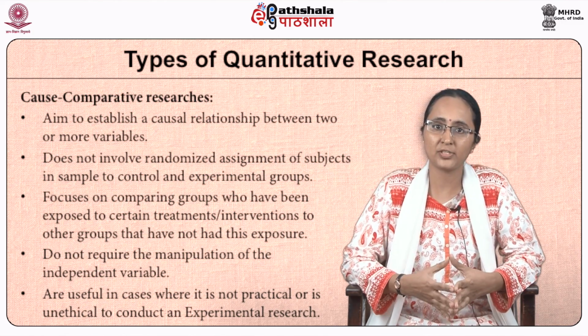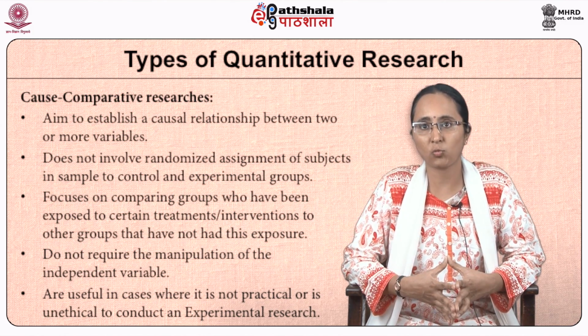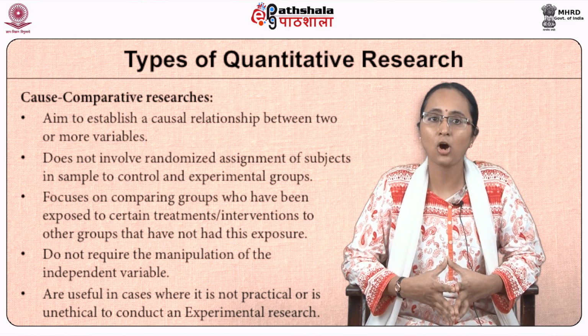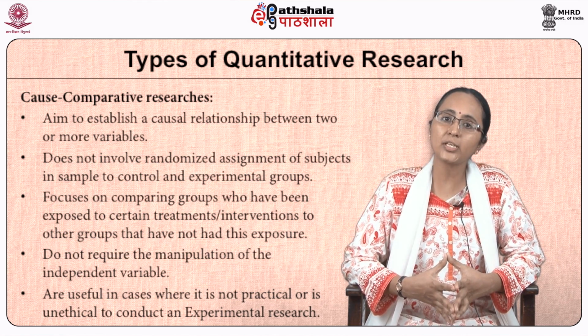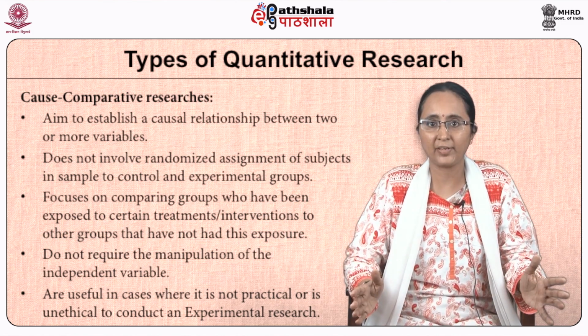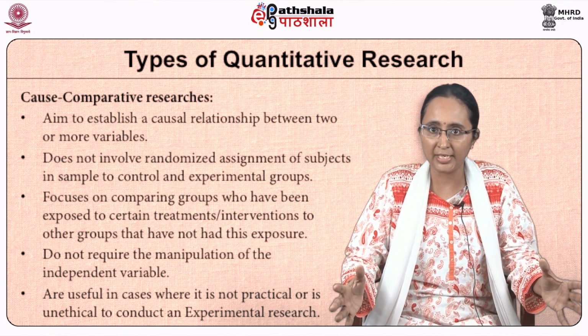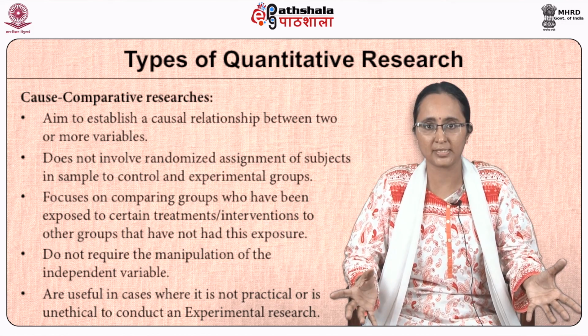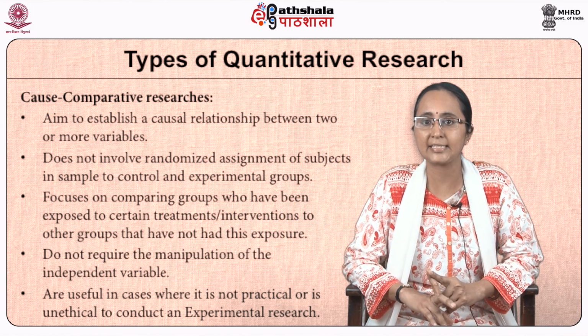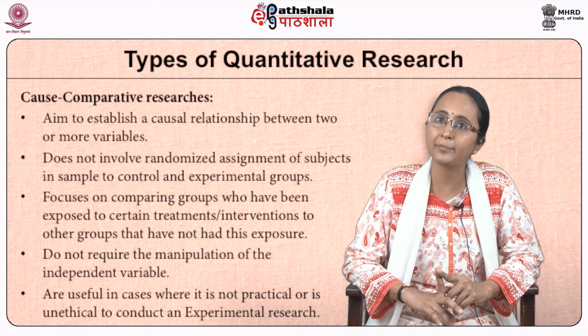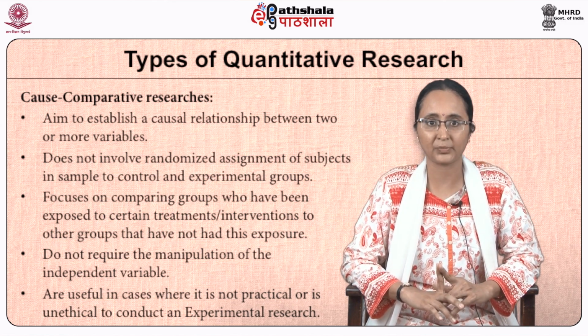The third type of research, this is known as a quasi-experimental research or a cause comparative research. Here you are looking to establish a cause-effect relationship or causal relationship between two or more variables. But this does not involve randomized assignment of subjects in sample or control groups. Okay.